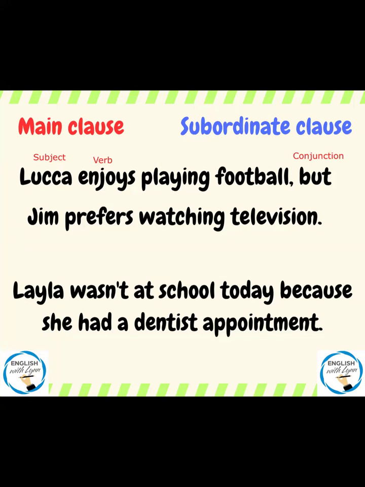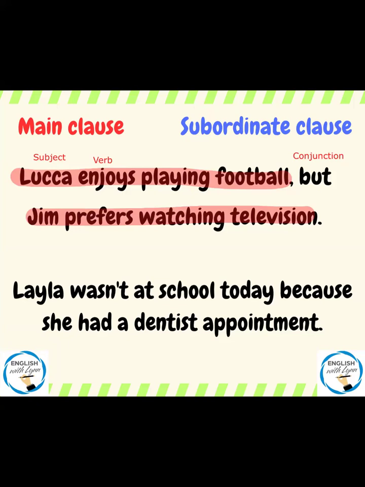As you'll see in a minute, we are using it to link two main clauses together, because what I have here, Luca enjoys playing football, is one complete idea on its own. The final part of the sentence, Jim prefers watching television, makes complete sense on its own. So that is another main clause.